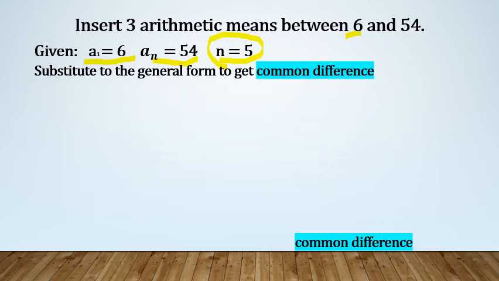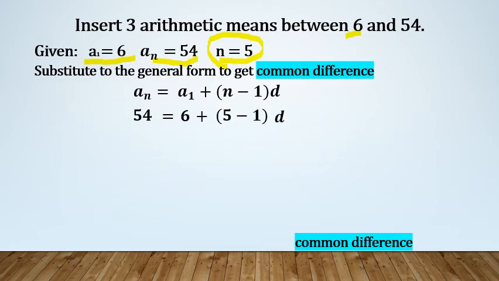Substitute to the general form to get the common difference. Ano nga yung general form natin? We have a sub n equals a sub 1 plus the quantity of n minus 1 times d. For our last term, a sub n, we have 54 equals a sub 1, 6 plus 5 minus 1 times d.